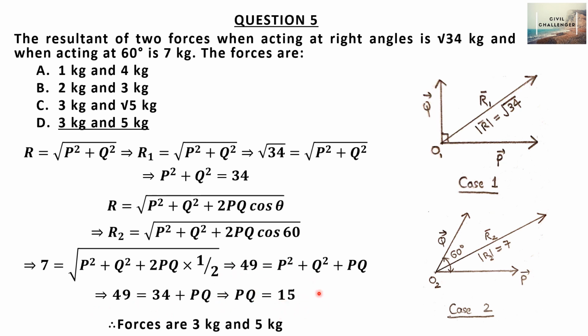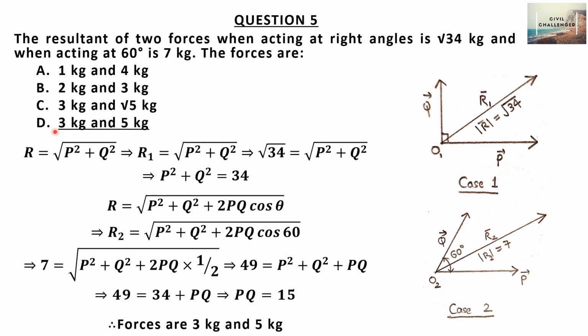Now the possible values of P and Q are the factors of 15. Factors of 15 are 1 and 15. So we can have either P is equal to 1 or P is equal to 15, and correspondingly Q is equal to 15 and Q is equal to 1.